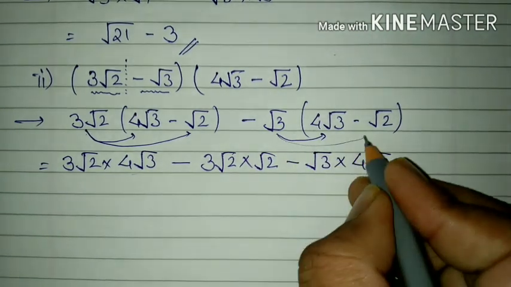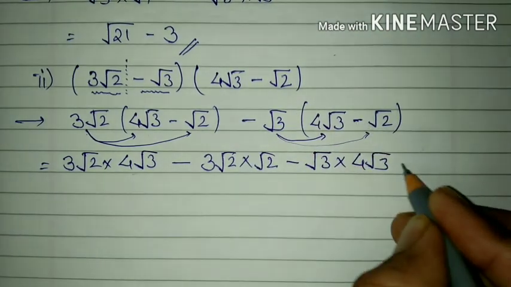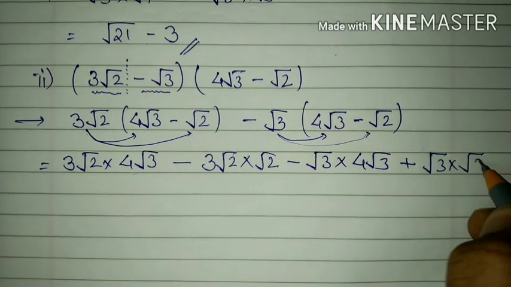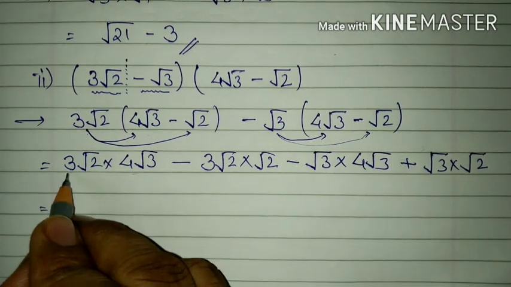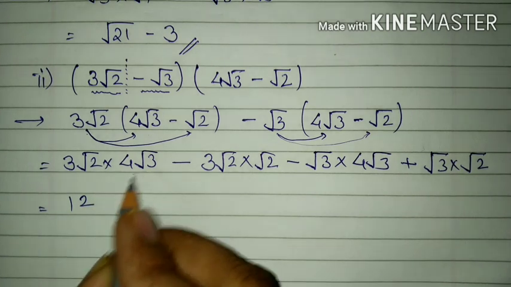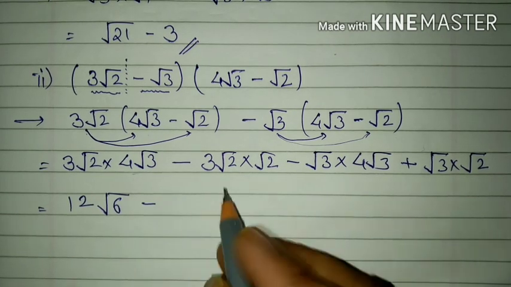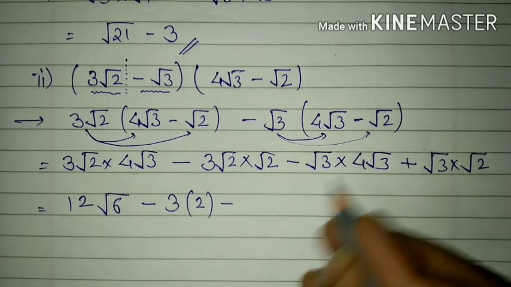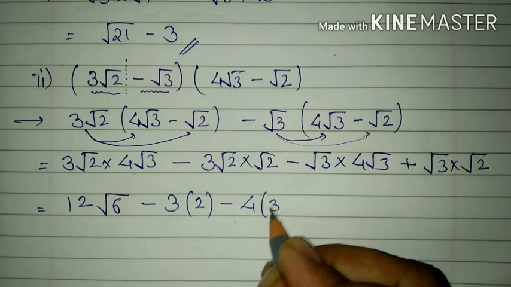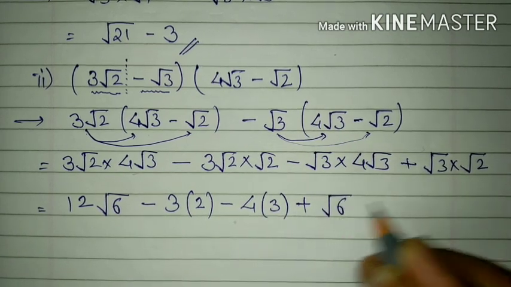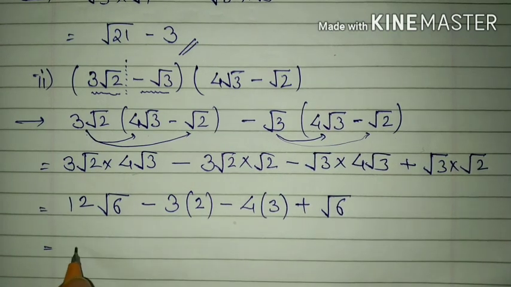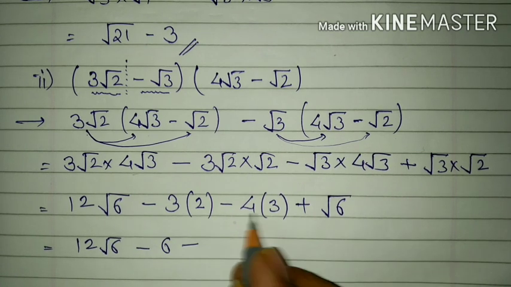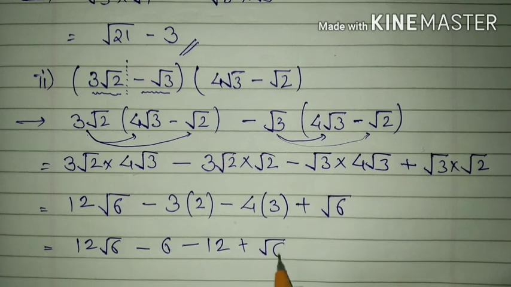this term, and then this term: minus minus becomes plus, because we are multiplying, root 3 into root 2. So it is equal to 3 4s are 12, root 2 into root 3 becomes root 6, minus 3 root 2 into root 2 becomes 2, minus 4 root 3 into root 3 becomes 3, plus root 6. So it is 12 root 6 minus 6 minus 12 plus root 6.